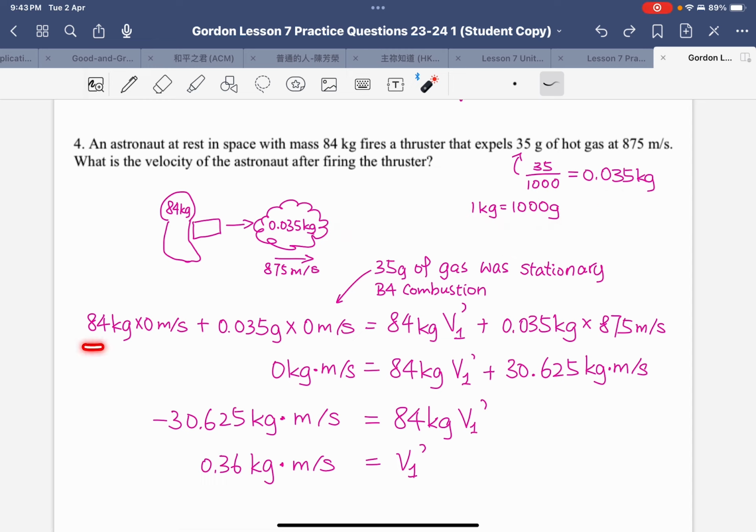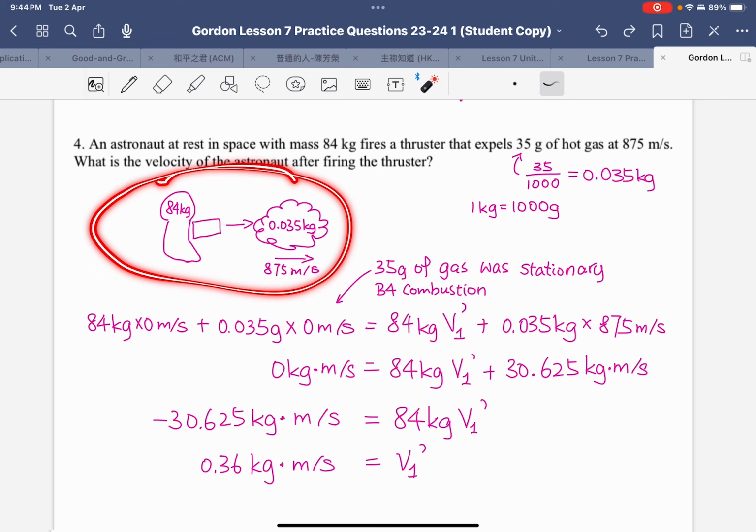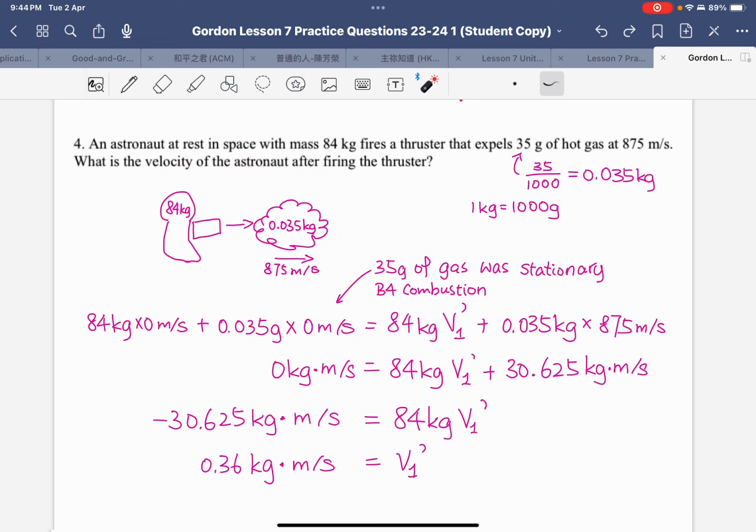All right, so I'm subbing in all the numbers. Now, if you think about it, the astronaut and the thing that he fires were actually at rest together because he was holding onto it. So both of these have zero velocity. That means you don't even have to do any calculation on this side. Everything together before the event would be zero. On the other hand, after the explosion happening, the gas is moving in this direction at a certain speed. So that's my object 2.